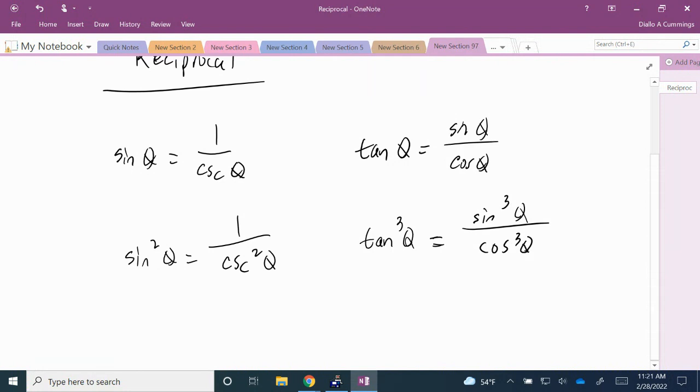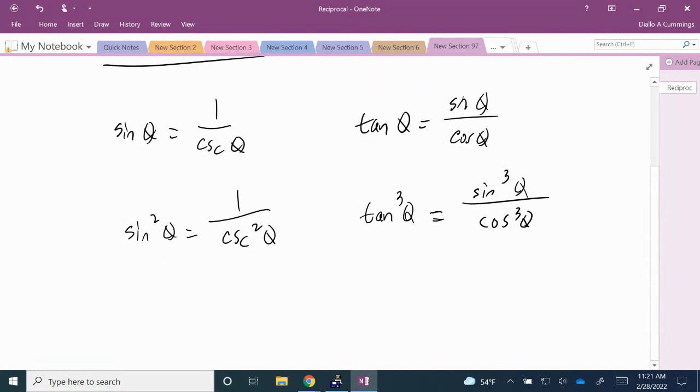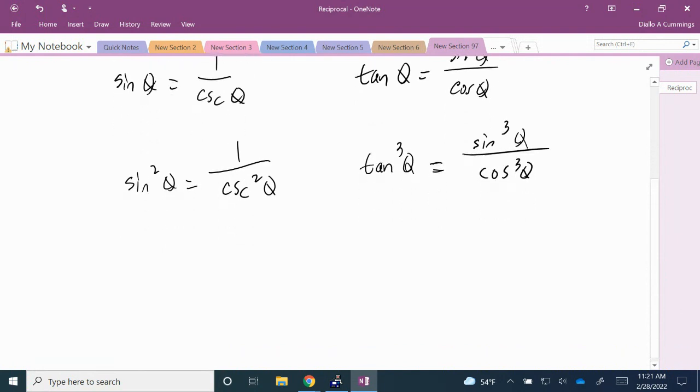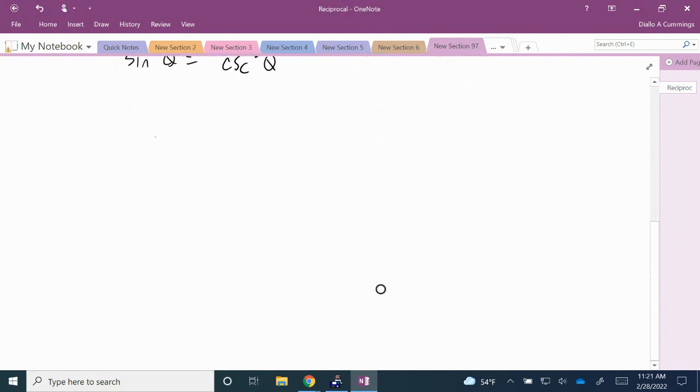Right, so I want you to keep this in mind, which actually means that the formulas can be written in terms of powers. Now, they're not actually written like this on the formula sheet, but I just want to explain that they can be written like this.